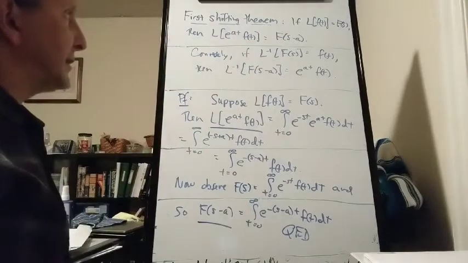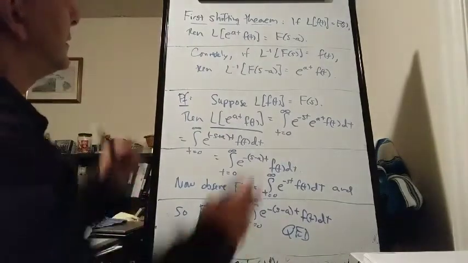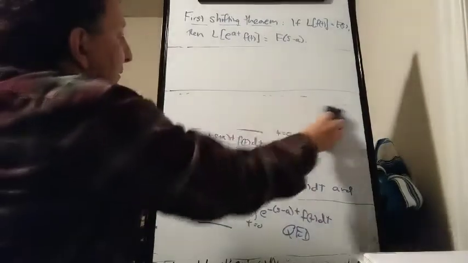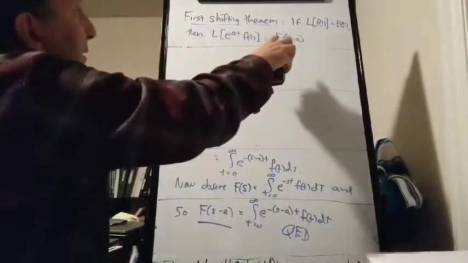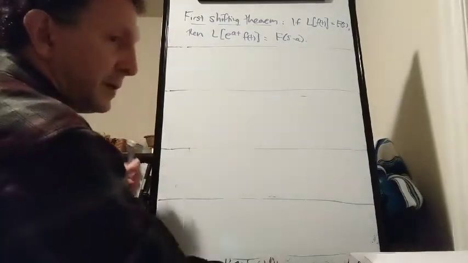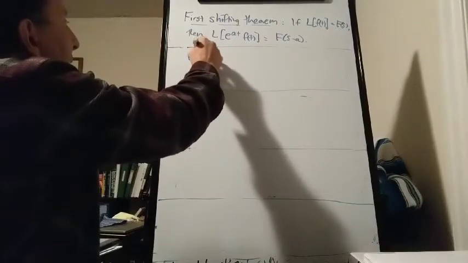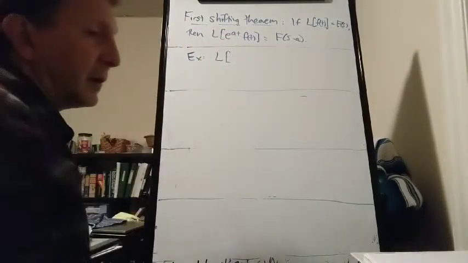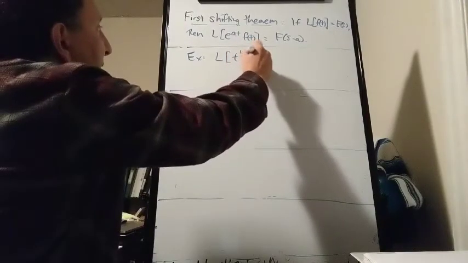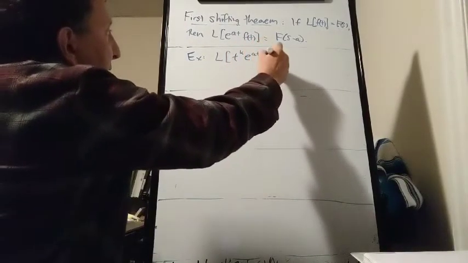Alright, so let's do some examples. First we'll do examples of the Laplace transform direction, then we can do examples of the inverse Laplace transforming direction. What if we wanted to take the Laplace transform of t to the k e to the at?